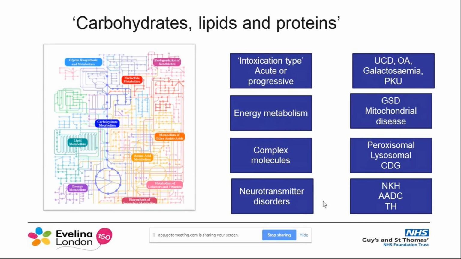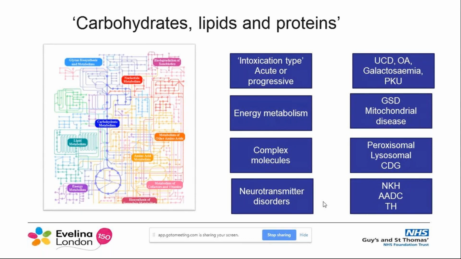And then we can think about disorders of energy metabolism, and that would encompass pathways to do with gluconeogenesis and glycolysis, so GSDs, glycogen storage disorders, and mitochondrial diseases, and then disorders of more complex molecules within the cell, so peroxisomes, lysosomes, and then congenital disorders of glycosylation are another complex set of disorders, which obviously I won't go into.